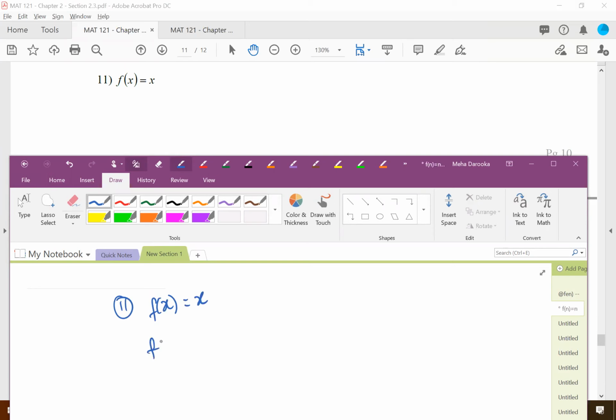If you replace the x with negative x, you basically get a negative of the original function, right? We definitely did not end up with the same result, because if we had gotten a positive x, then we would have known that the two functions are even, but obviously we don't have a positive x in our answer, so this is not an even function. So obviously no symmetry with the y-axis.